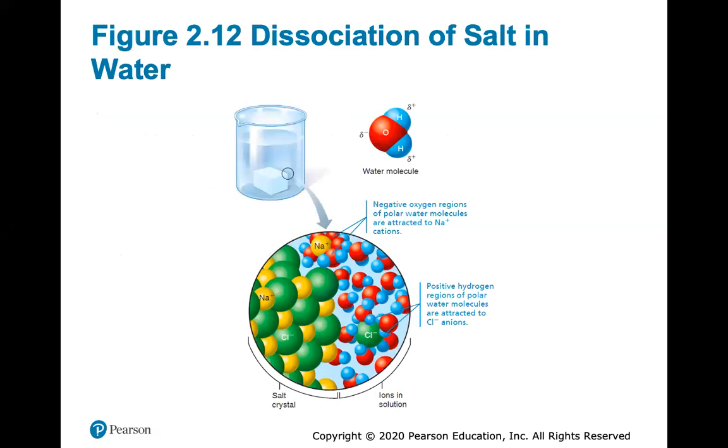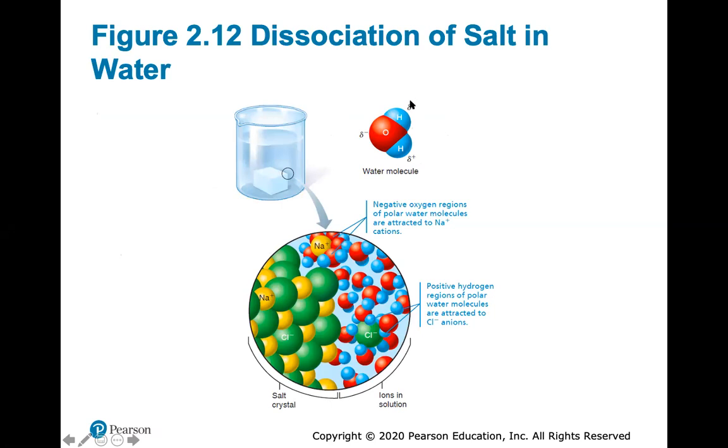So here's a look at how water dissociates around salt. So here's the polar water molecule. If you watched the previous lecture, I talked about polarity of water. That just means one end of water is more negative by the oxygen, and the other end of water is more positive by the hydrogens.